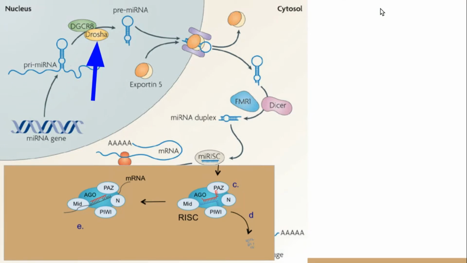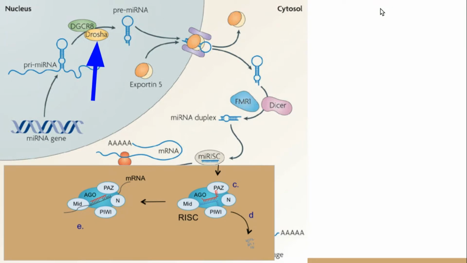So the pre-microRNA stem loop structure is recognized and bound by the Drosha DGCR8 complex. DGCR8 is what actually binds the pre-microRNA, and Drosha is the actual endonuclease that cleaves all these single-stranded regions of the microRNA out.